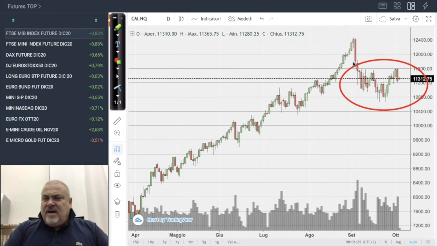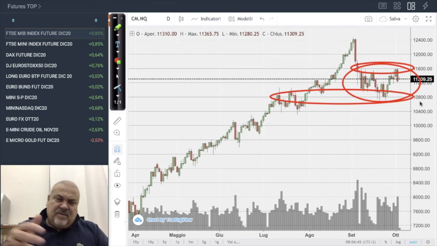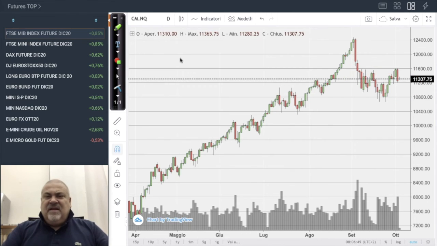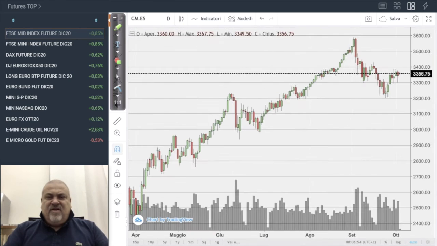So the area of 11,600 will continue to work as a resistance, as the area around 10,800 to 600 will continue to work as a support. In the meanwhile, we are in the middle of this range, and the market will continue to move, in my opinion, up and down from this level until something is clarified, especially around the situation of President Trump.